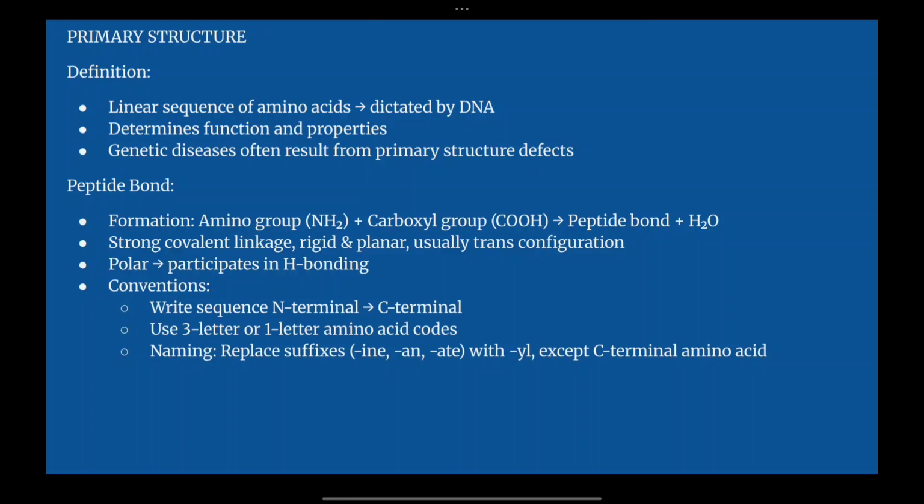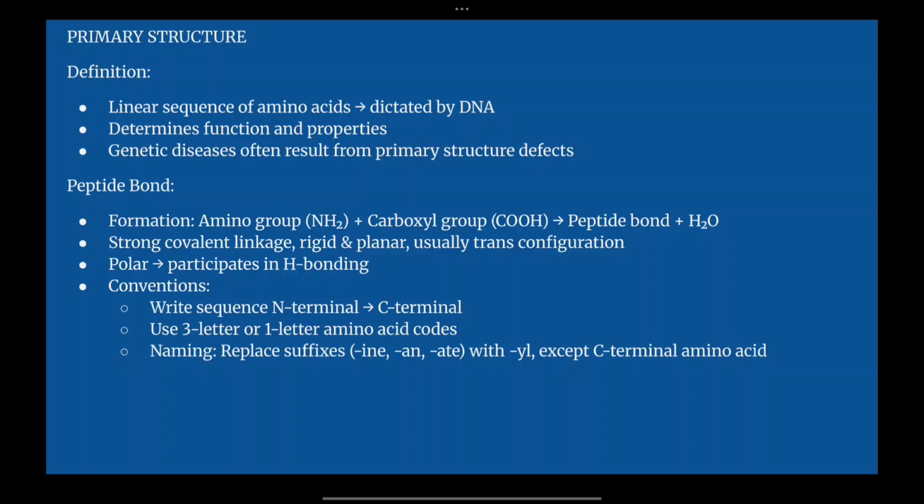All together they combine to form a peptide bond between the amino group and the carboxylic group along with the central carbon. This peptide bond is a strong covalent linkage and it determines the rigidity and the planar structure, which is usually in the trans configuration. It is not a cis configuration, it is a trans configuration.